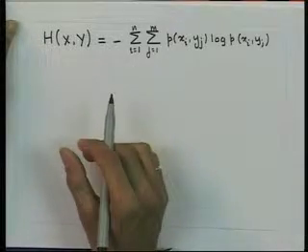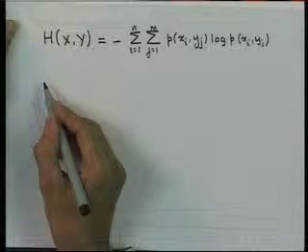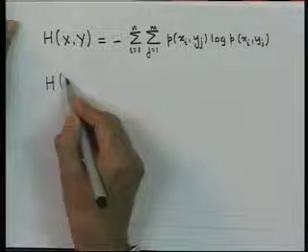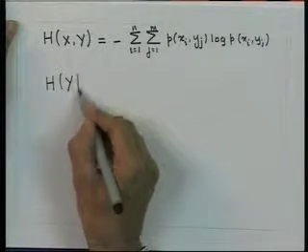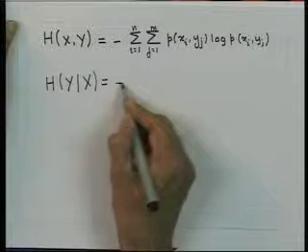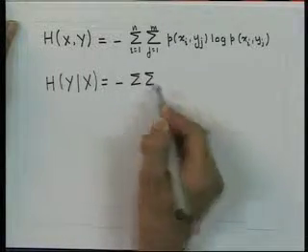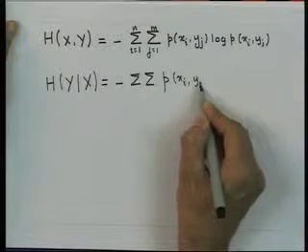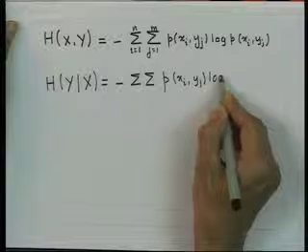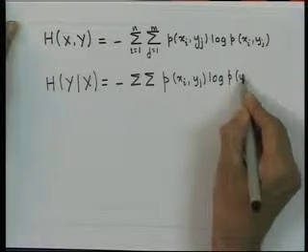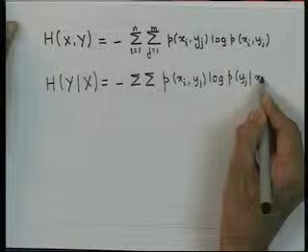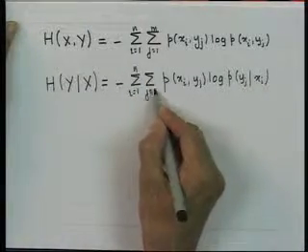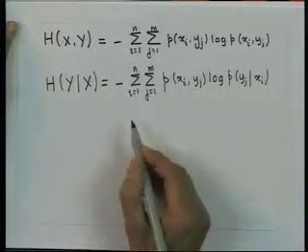Another information measure which we defined was the conditional information measure, and that was defined as h of y given x equal to minus summation over xi yj log of probability, j equal to 1 to m.